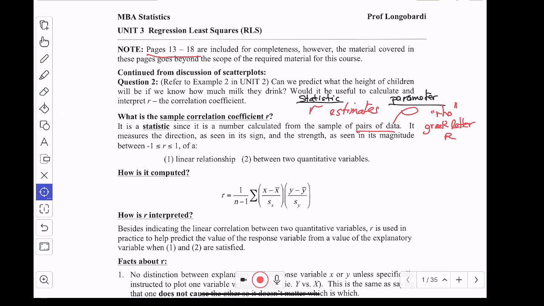So for instance, you cannot compute correlation, well, not this kind of correlation, not the linear correlation.